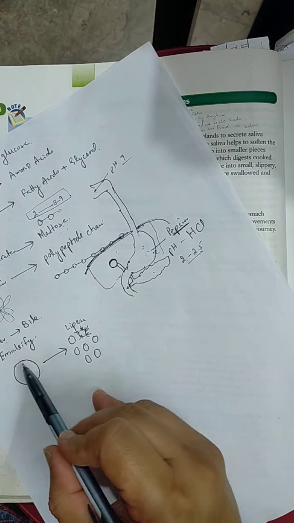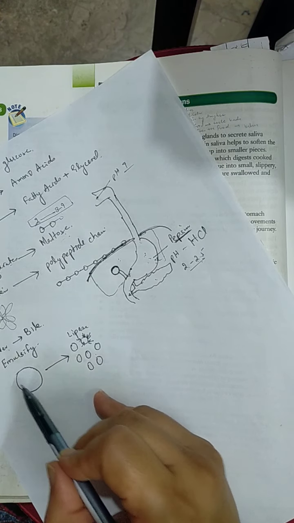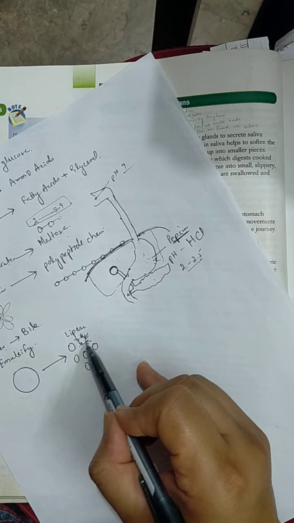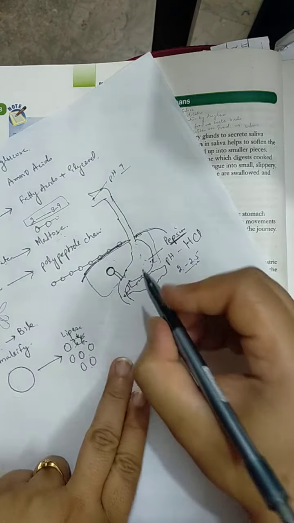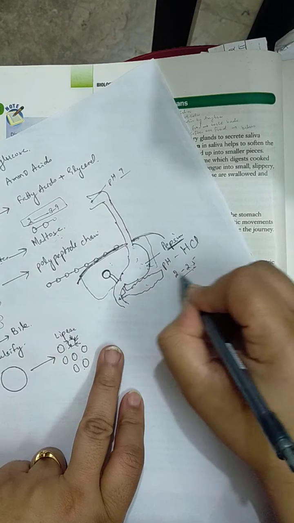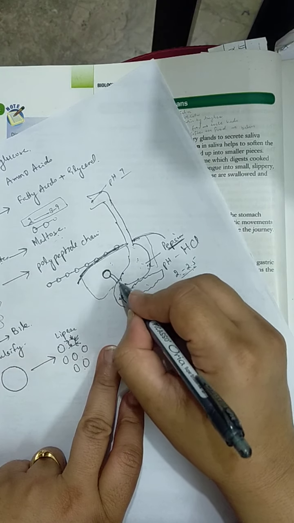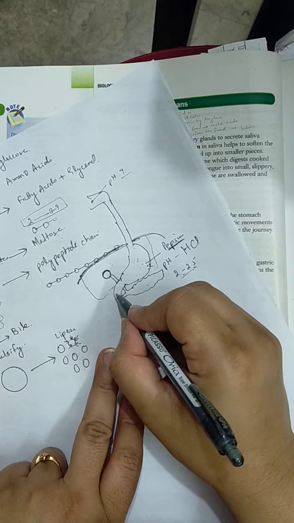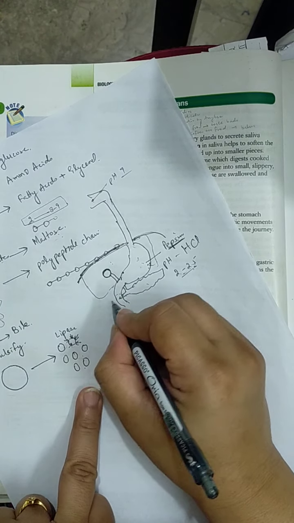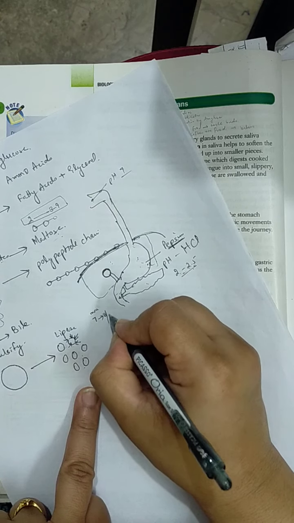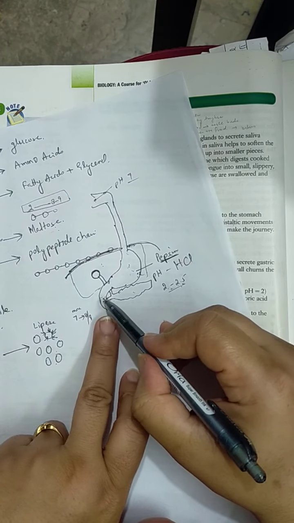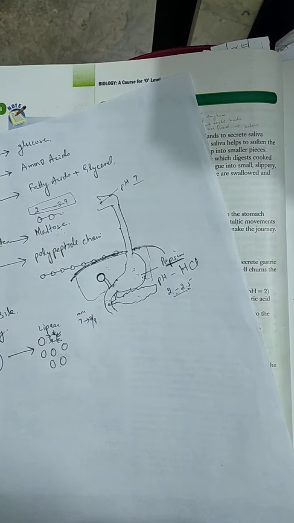Emulsification means converting large fat material into small or minute globules or droplets of fat. Secondly, in the stomach the pH was 2 to 2.5. Now this bile juice increases the pH to more than 7, sometimes up to 8 or 9, so the digestion of other food material can take place.